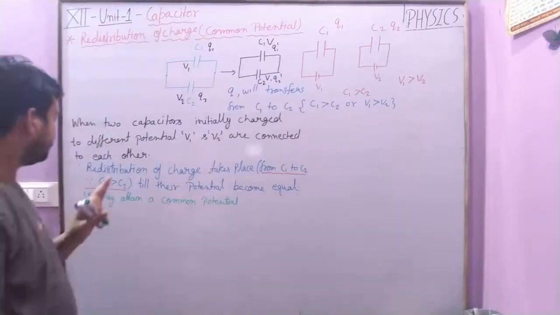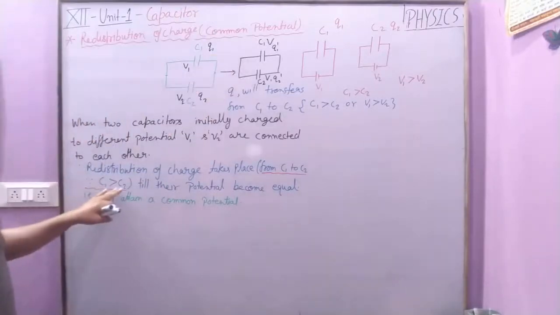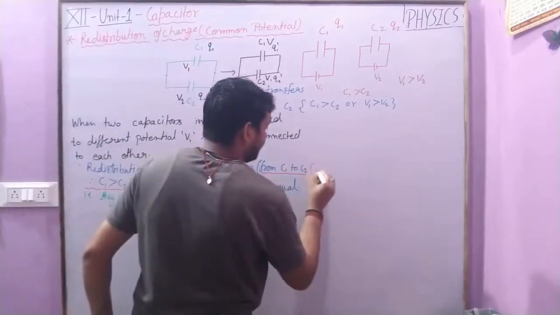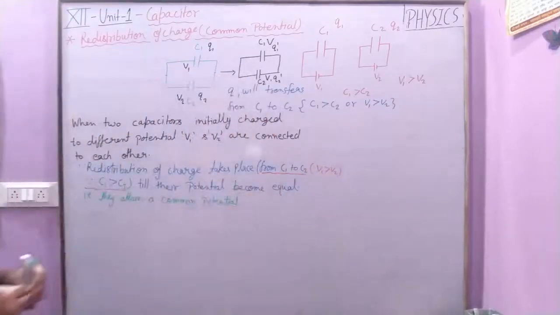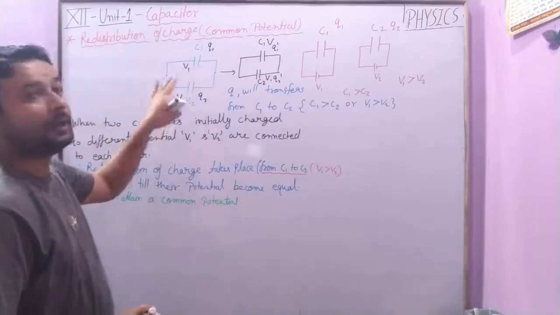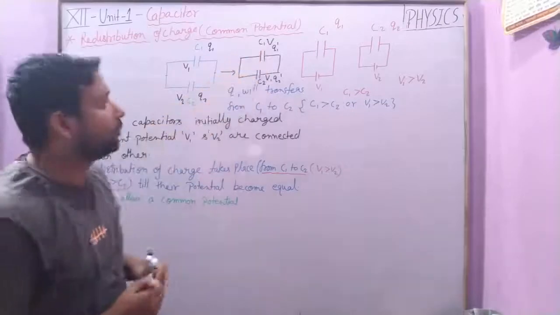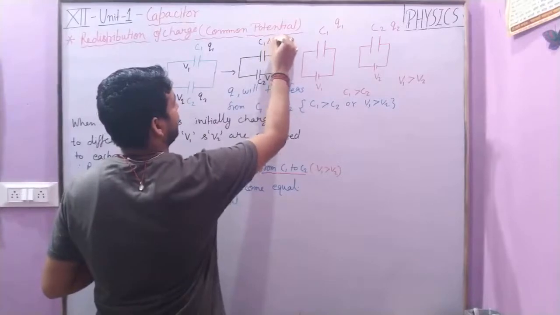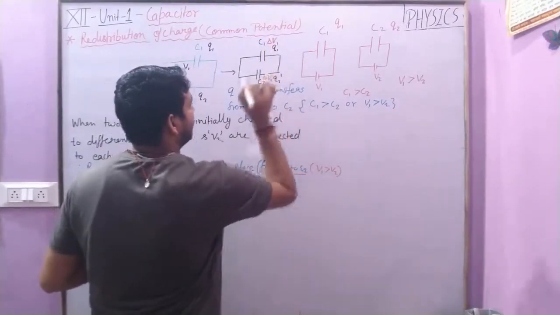Okay, now because C1 is greater than C2 and V1 is greater than V2, the charge will transfer from capacitor C1 to C2 till they get the equal potential V, or we can use the common potential, say, delta V.